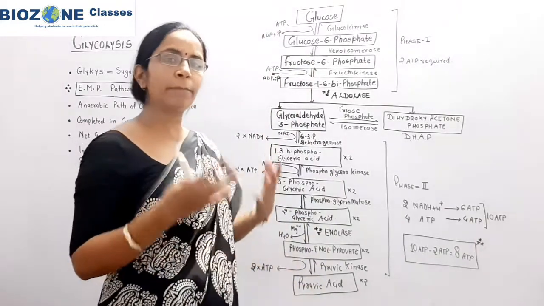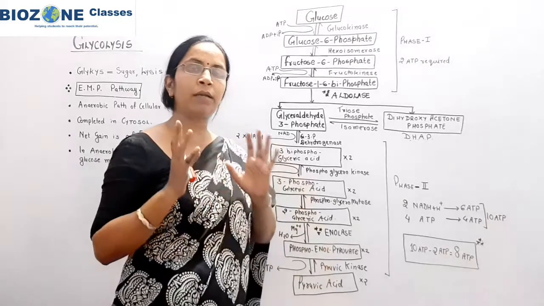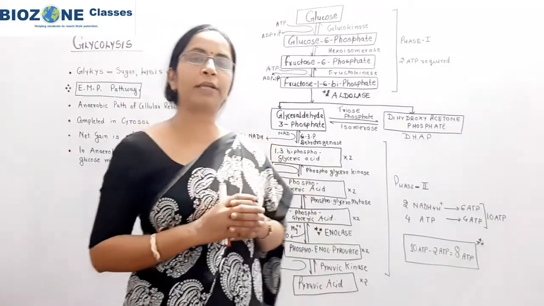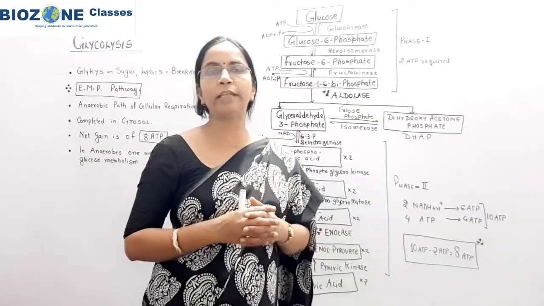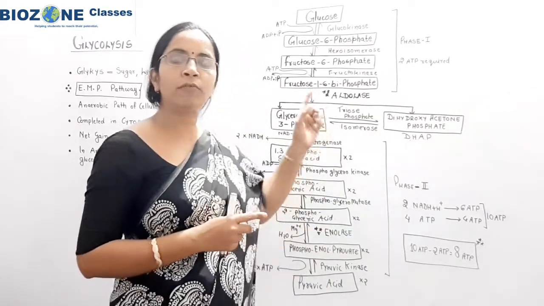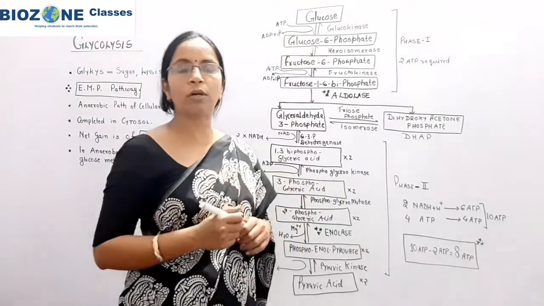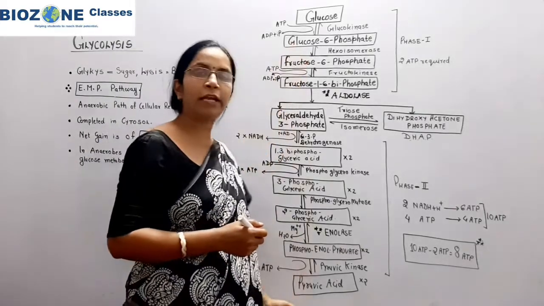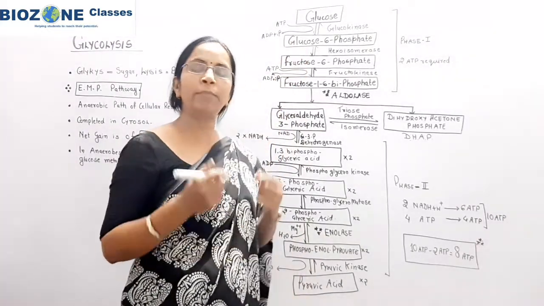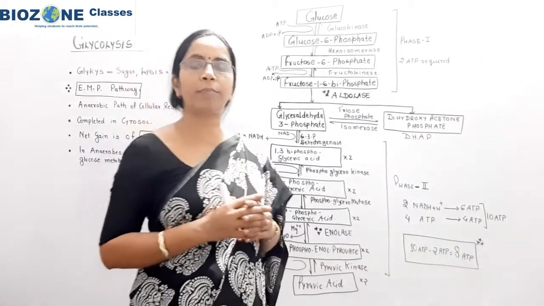When we study glycolysis, you remember 10 enzyme catalyzed reactions take place, and with the help of this series, one molecule of glucose, a 6 carbon sugar or hexose sugar, gets broken down into two molecules of pyruvic acid, a 3 carbon molecule.